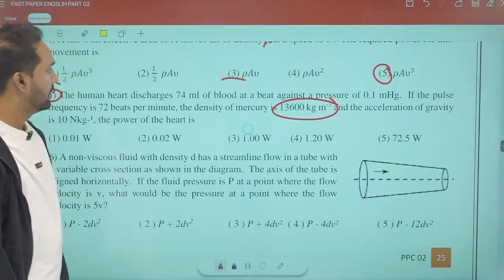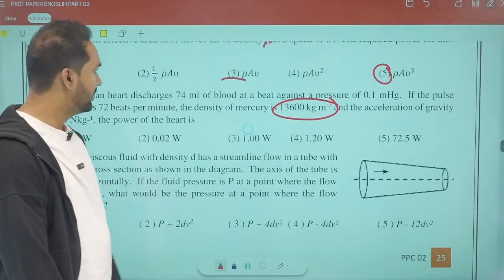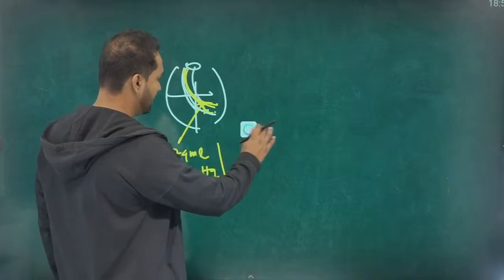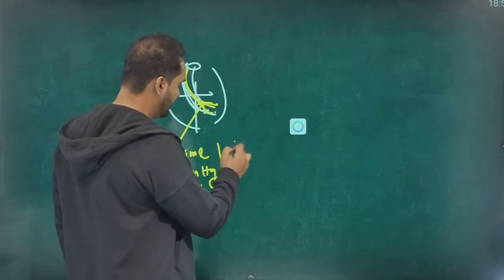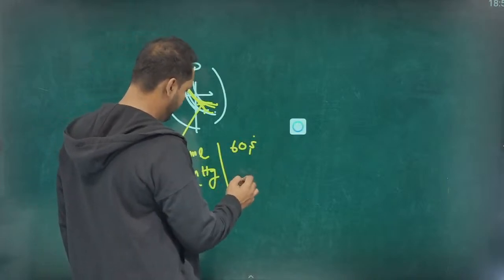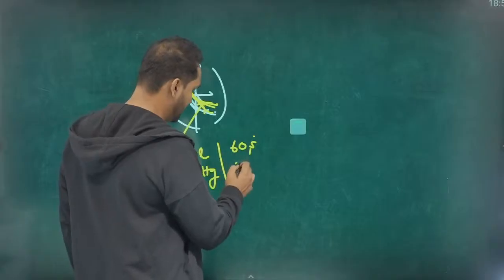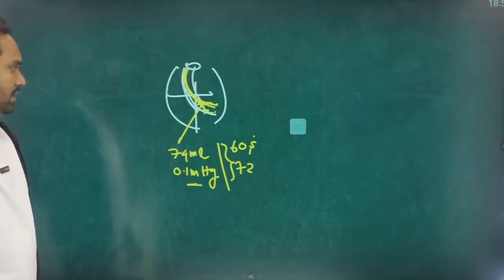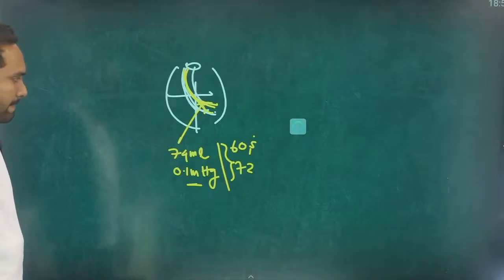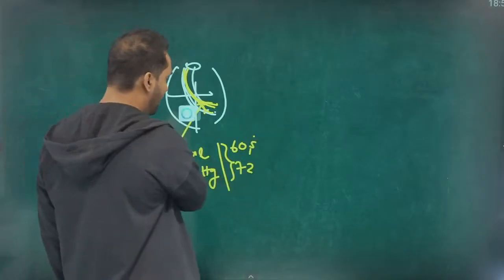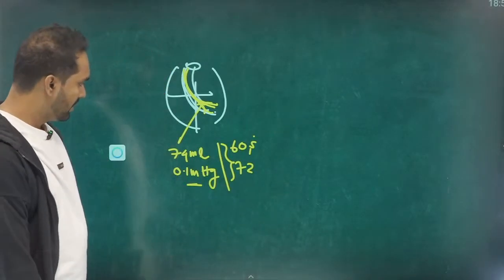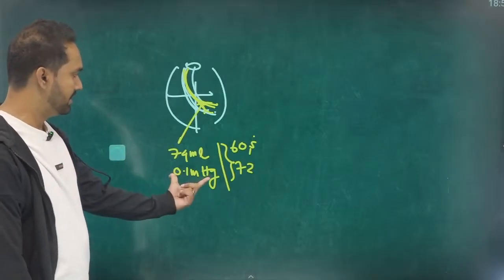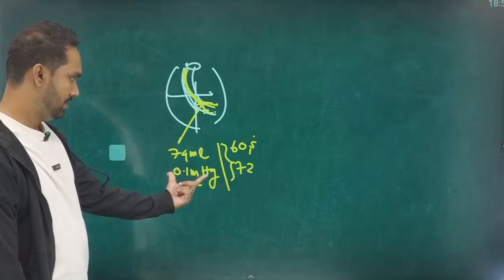They're asking the power of the heart. Okay. So per minute, 72 of that will happen, right? Per minute, or per 60 seconds, 72 of this will happen. And they are asking for the power of the heart, right? Let's do it. The volume is there, the pressure against is there.